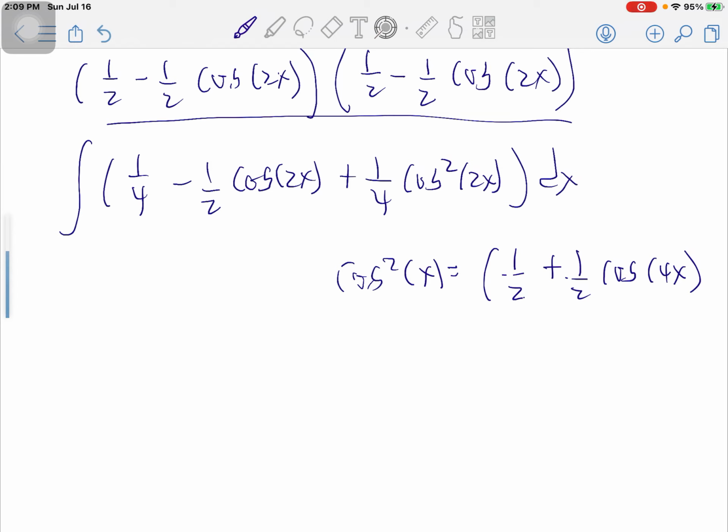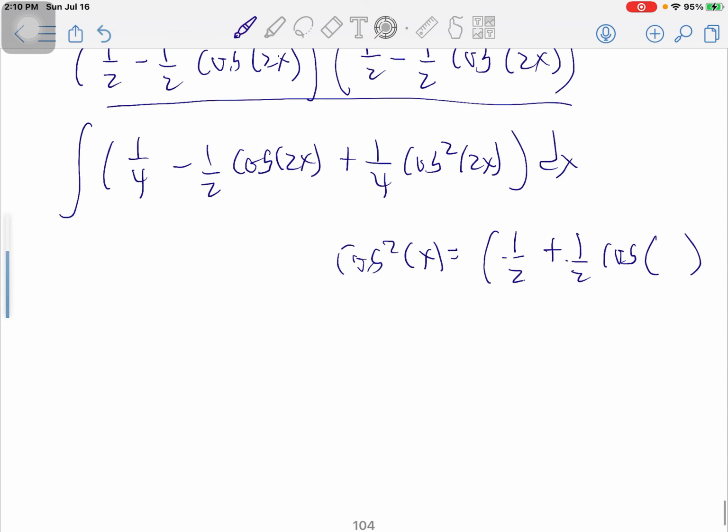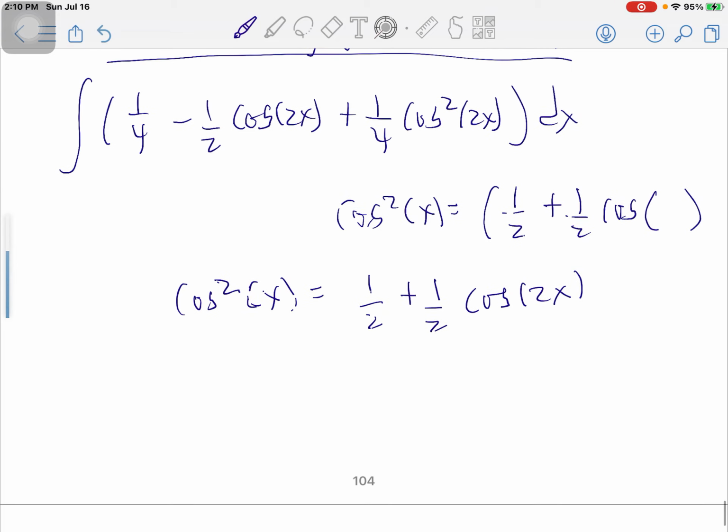So when you expand this one, you're supposed to get that. Let me do it here so that you understand the reason why here it is 4x. You agree with me that cos square x, when you expand, is supposed to be 1 over 2 plus 1 over 2 cos 2x.